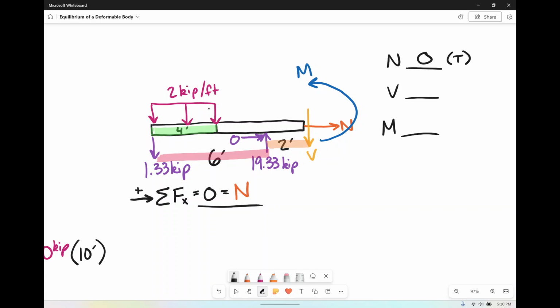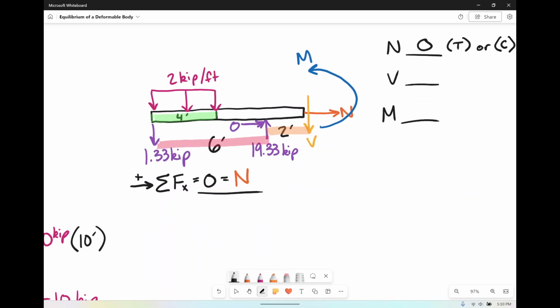And if it was a negative number, we would come back and put in parentheses a C for compression. So squishing the member is compression, and that's negative, and pulling the member apart is tension, and that's positive. So when you are doing your normal answers, you do want to put either tension or compression so everybody knows which direction they're going. But for shear and moment, they're a little bit different.